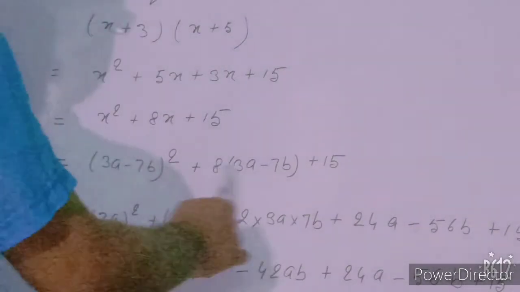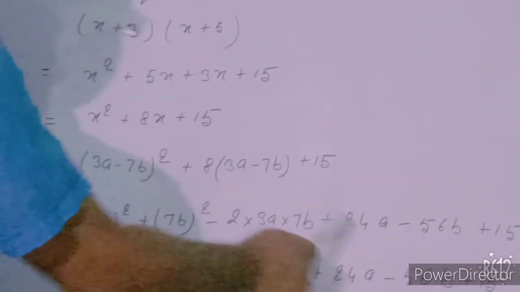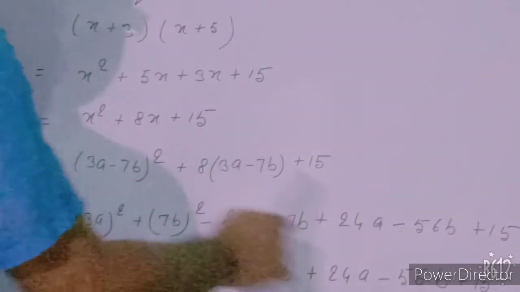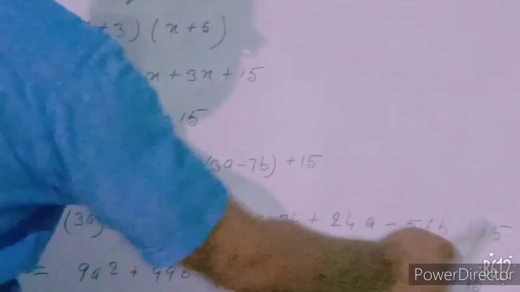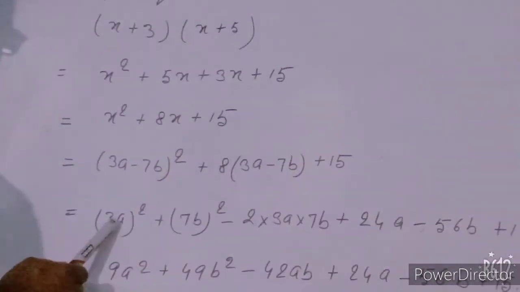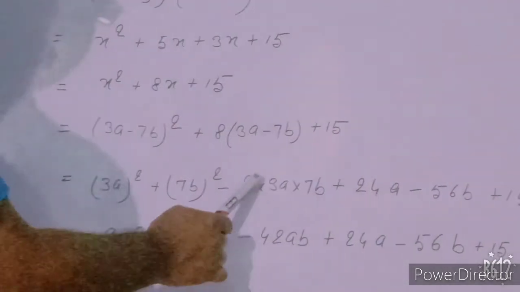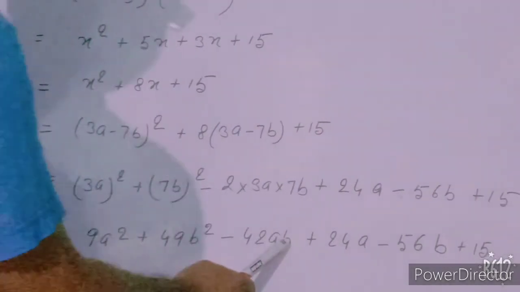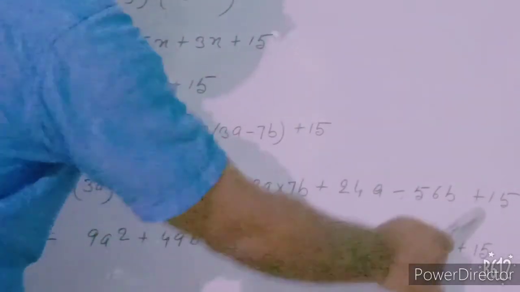And these two are multiplied, plus 8 3s are 24a, minus 8 7s are 56b, and plus 15. I simplified it: 9a² + 49b² - 42ab + 24a - 56b + 15.